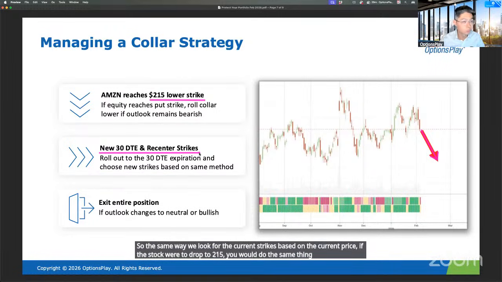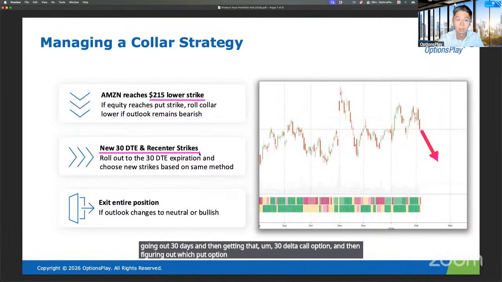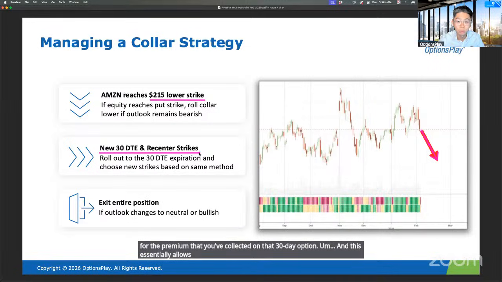You would want to put on a new protective collar going out 30 days and then getting that 30 delta call option, and then figuring out which put option you can buy for the premium that you've collected on that 30-day option.